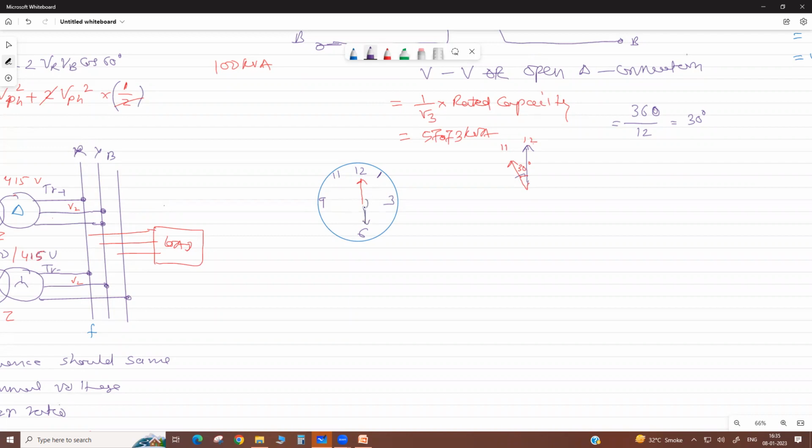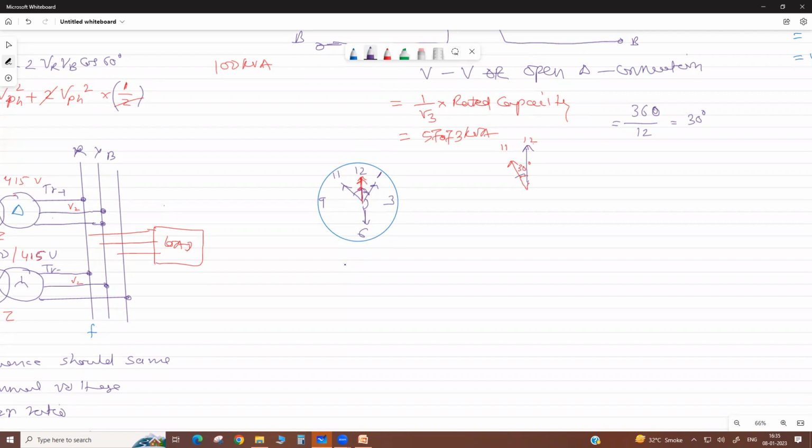If it is at 1 o'clock, then there is a 30 degree angle, or 11 o'clock again 30 degrees. This is our needle, always at 12 as the reference phasor. Or both overlap at 12 o'clock.